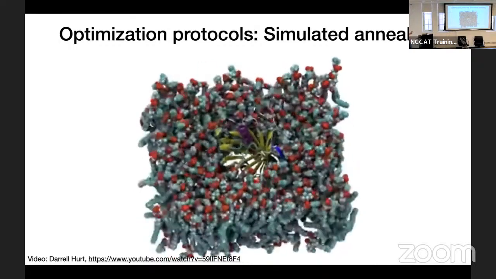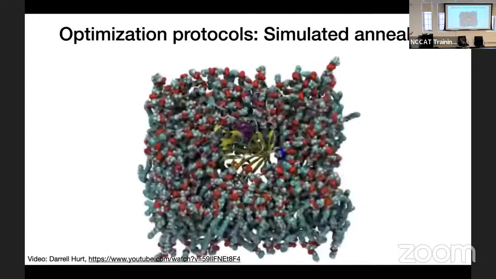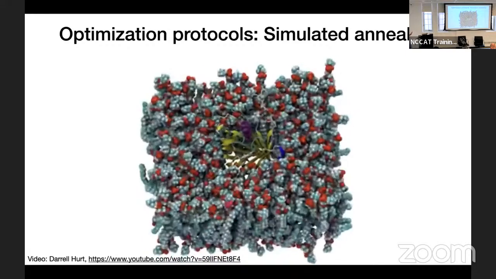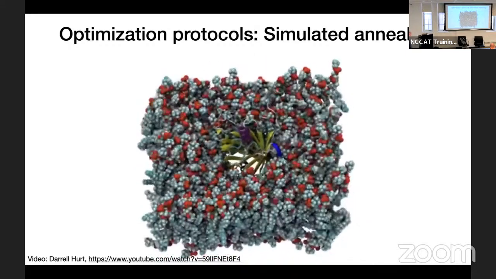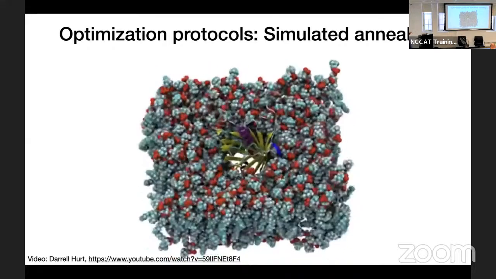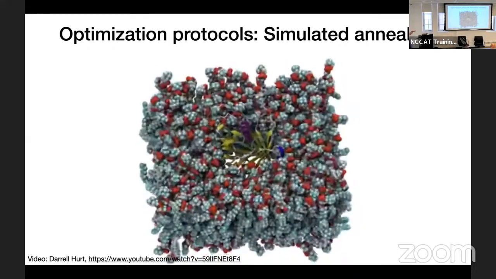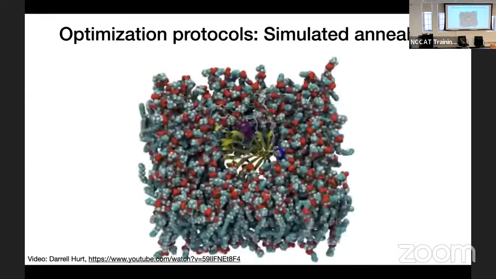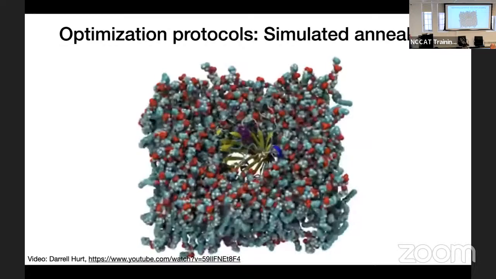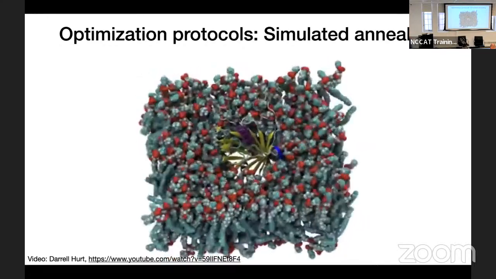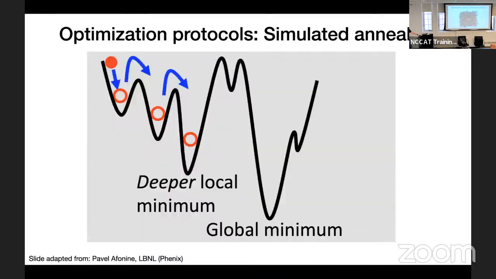So this essentially tries to mimic taking your protein, heating it up so it becomes much more dynamic and flexible and can sample all sorts of different conformations, and then allowing it to cool down. And so you can imagine that by putting energy into the system, we're essentially lifting that marble up somewhere on the energy landscape before we drop it back down. And then when we drop the marble back down, it can roll and explore, and it might potentially be lifted up over one of those energy barriers and gain access to some additional sites.